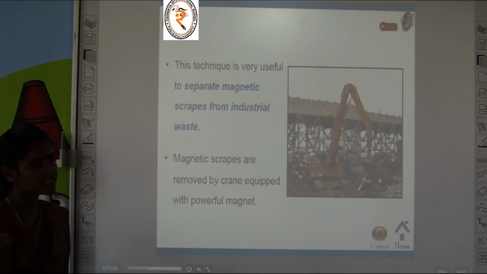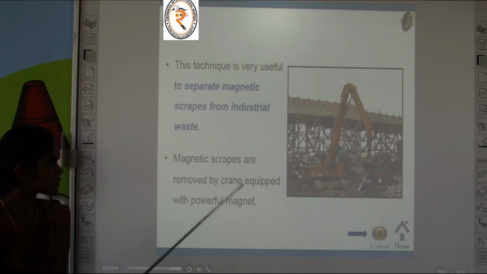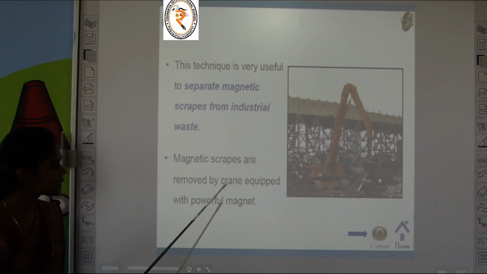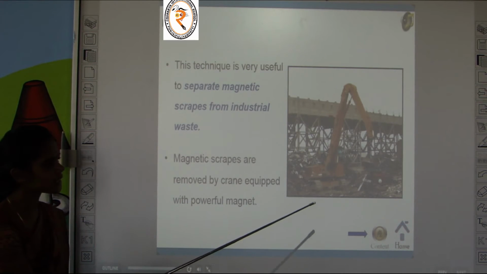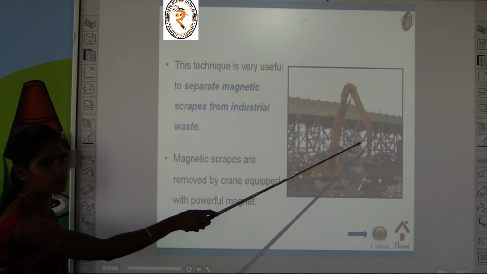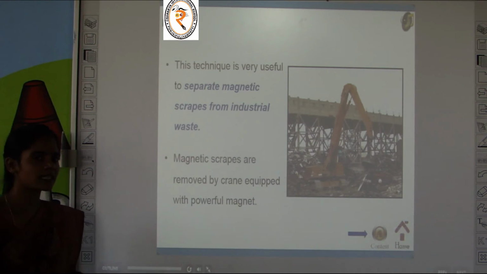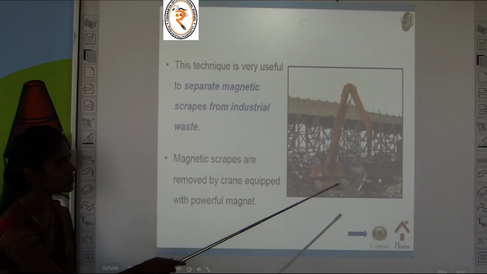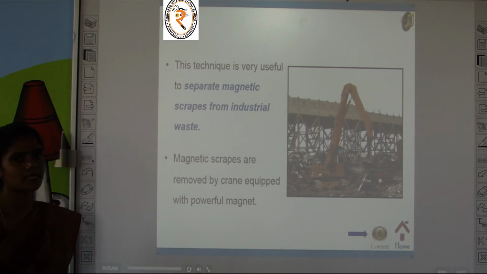These wastes are attracted by magnet. So magnetic scraps are removed by a crane equipped with a powerful magnet. See the picture. It is a crane. It contains a magnet here. So it can attract the unwanted iron pieces. So this is called a magnetic separation method.